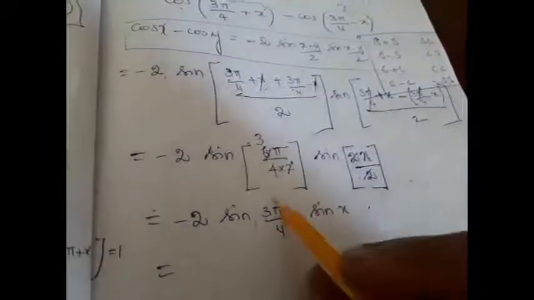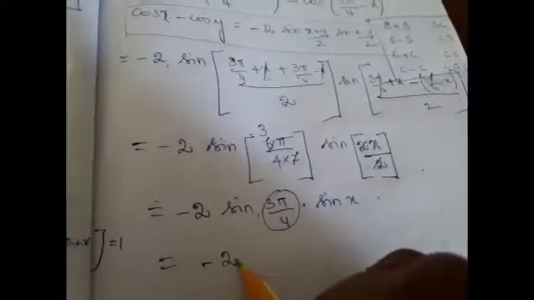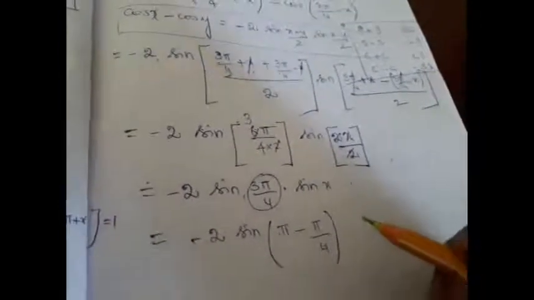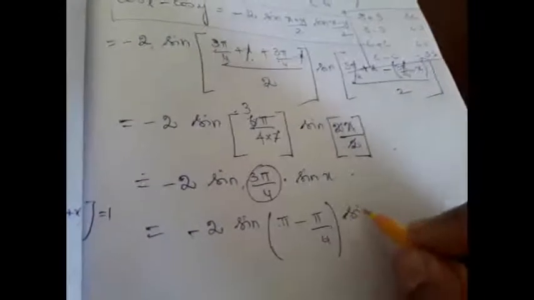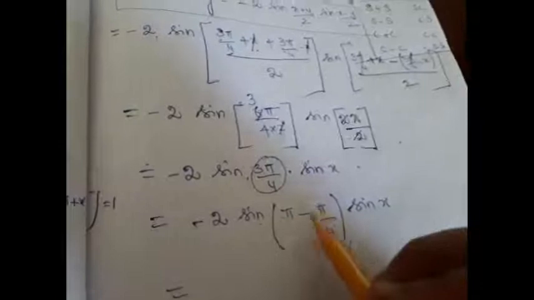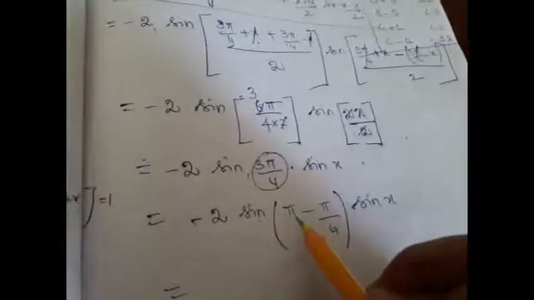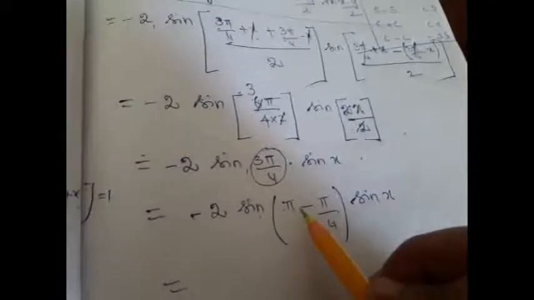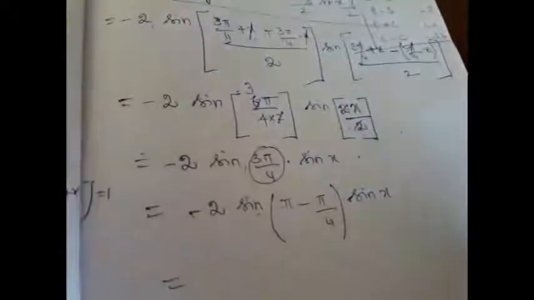Now 3 pi by 4 is not a standard angle. So how can we express this? Minus 2 sine 3 pi by 4, I can write it as pi minus pi by 4, right? If I take LCM 4, pi minus pi by 4, I will get 3 pi by 4, into sine x. We know when we denote a trigonometric ratio as a sum or difference of pi, the trigonometric ratio will remain the same. Only for pi by 2 it will change.